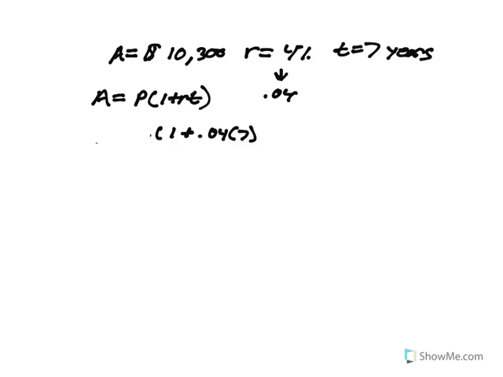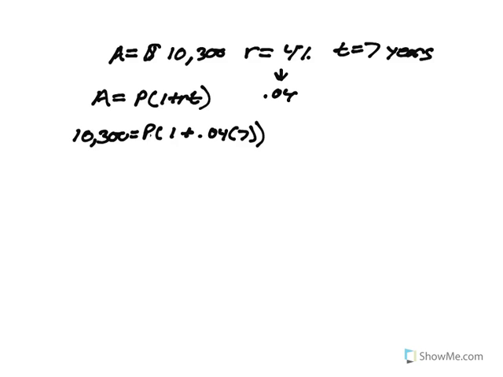Let me just go ahead and fix that, okay? So A equals, okay, we already know what A was, 10,300. That's going to equal P times 1 plus 0.04 times 7, okay?